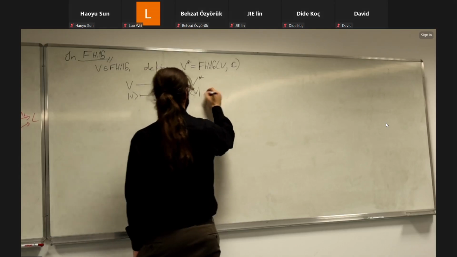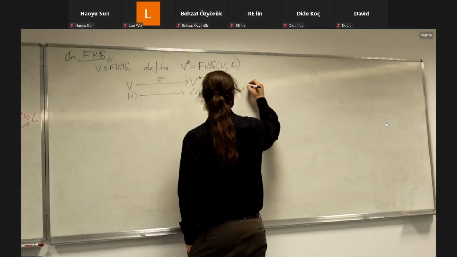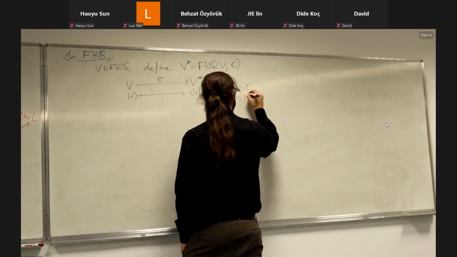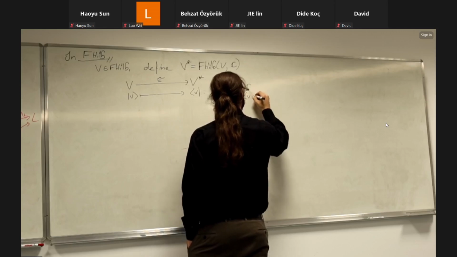And this is the functional from B to C, which sends W to VW.